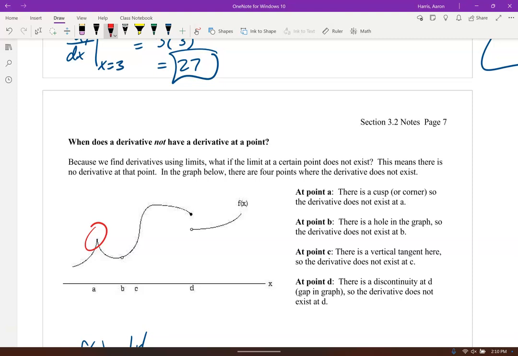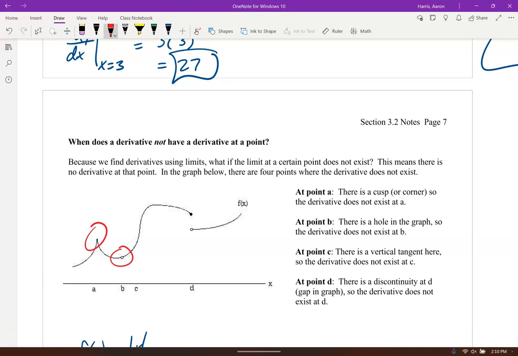Of course, any breaks in continuity will be an issue. If you remember, to be continuous, there had to be no holes, jumps, or gaps. It has to be nice and smooth. You can't lift up your pencil if you're drawing it. So the problem with B is there's a hole there.